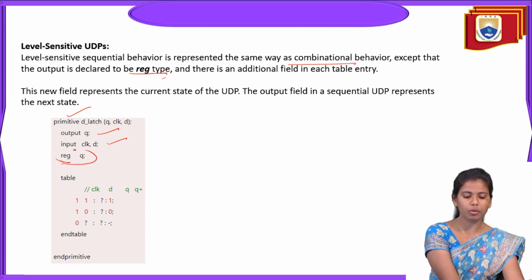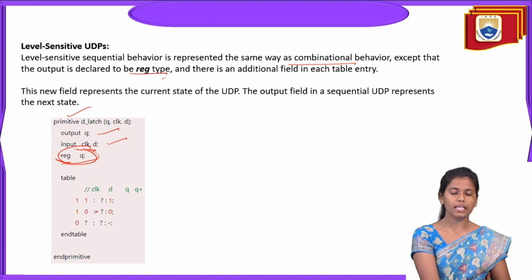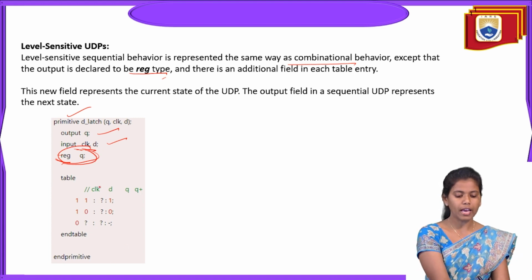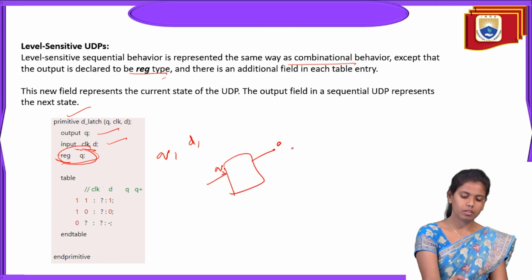The output is Q, declared with the keyword register, so register Q. In the table, Q and D are inputs; in the latch, this is D, this is Q, and here is the clock signal.